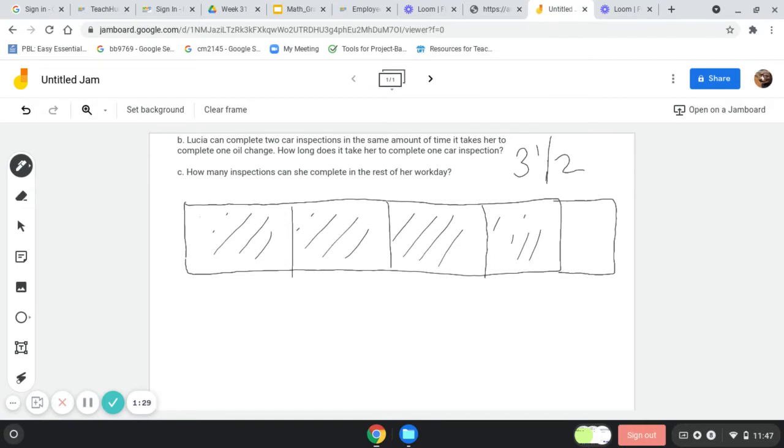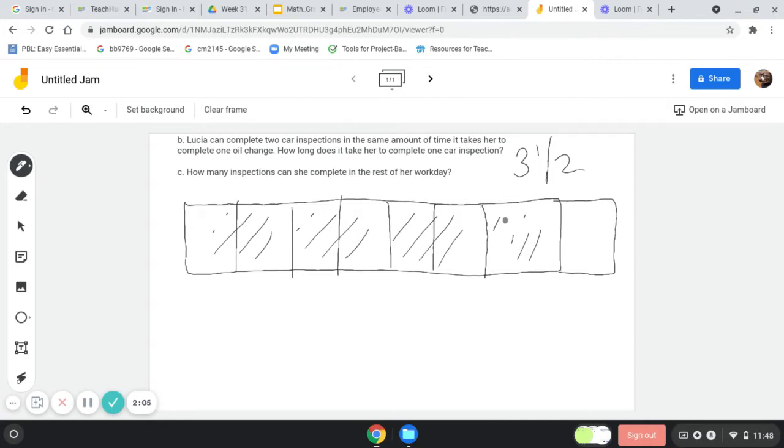So we determined in the last video that it takes her a half hour to do an oil change. So we had to take the 3.5 and divide it by a half. So we took each of those hours and we split them in half. We didn't split this one though, because this one is already represented as a half. So once we took the 3.5 and divided it by a half, we noticed that 1, 2, 3, 4, 5, 6, 7.